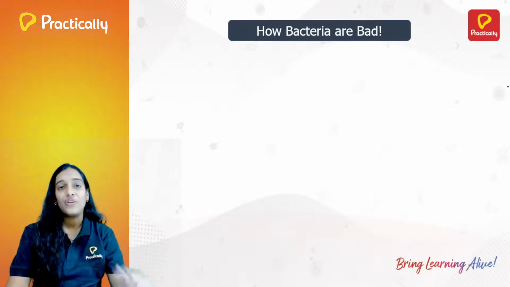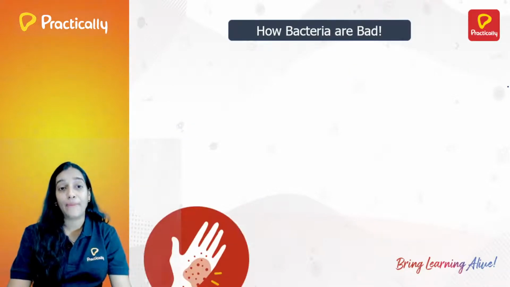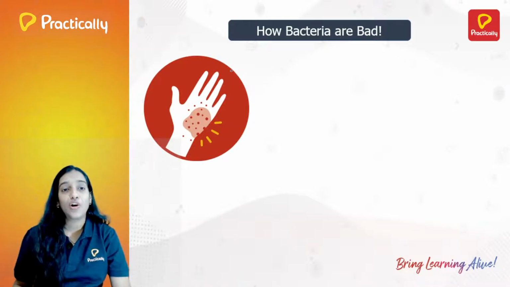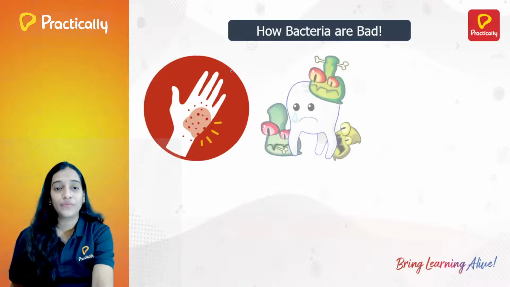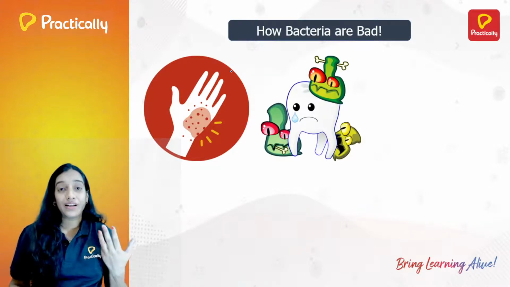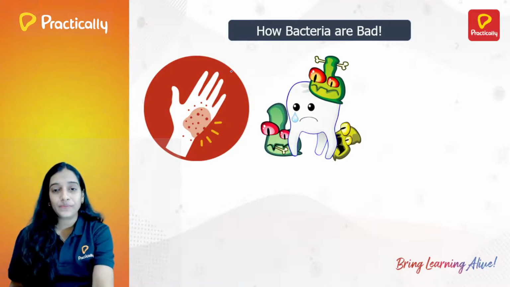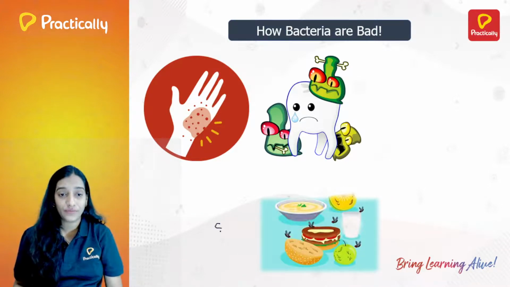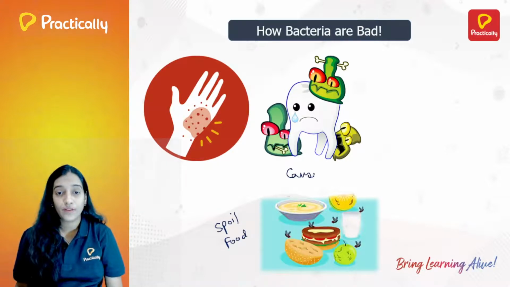So now we should understand how bacteria are bad. Well, bacteria cause different types of diseases. Among them, skin disease is one part. Then they can cause dental caries to your tooth. Then they can spoil your food, isn't it?